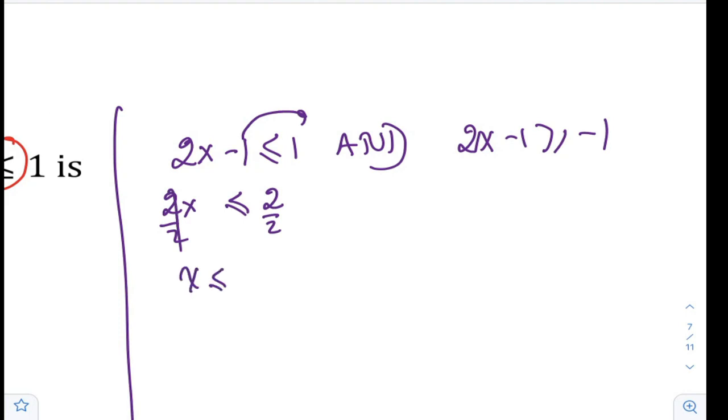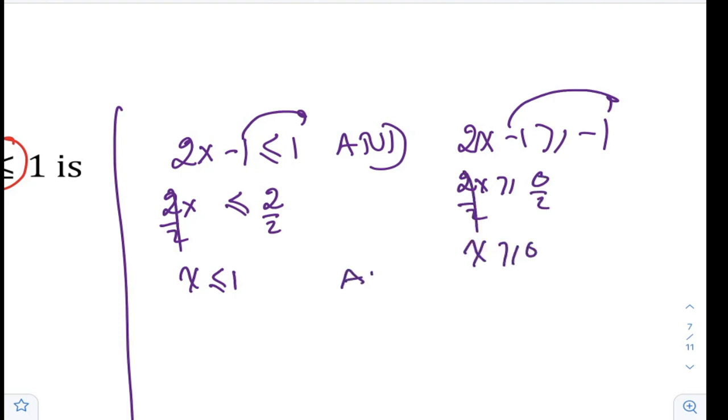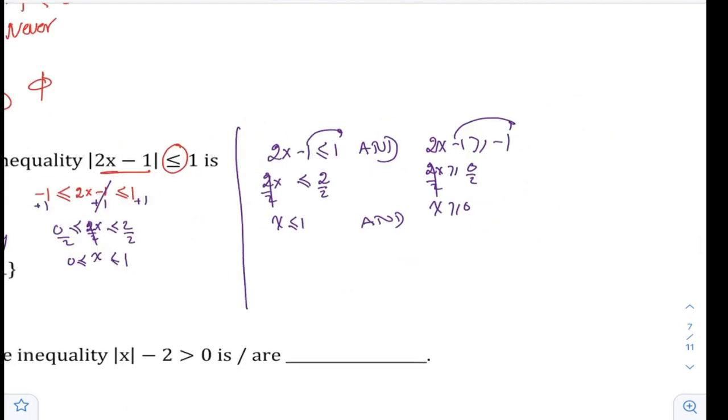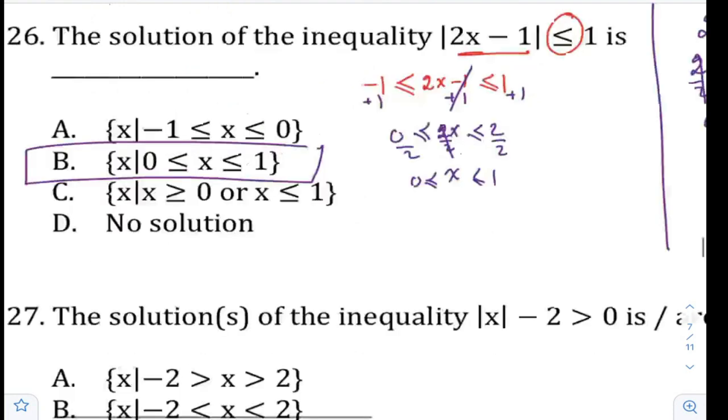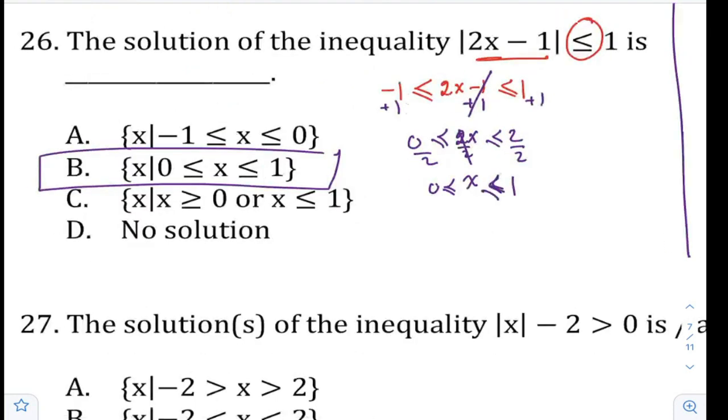So x less than or equal to 1 and 2x more than or equal to 1 minus 1, 0. So x more than or equal to 0, and still they are combined by and. If you combine them, x is more than or equal to 0 and at the same time less than or equal to 1, and this is solution B, as we said before.